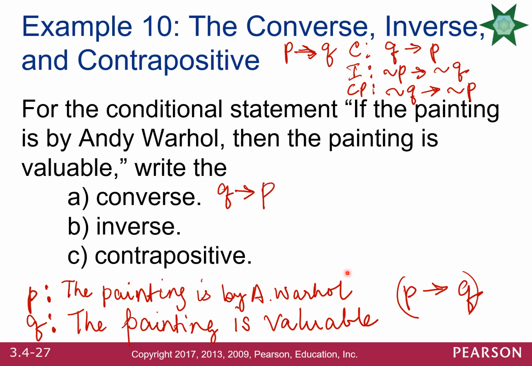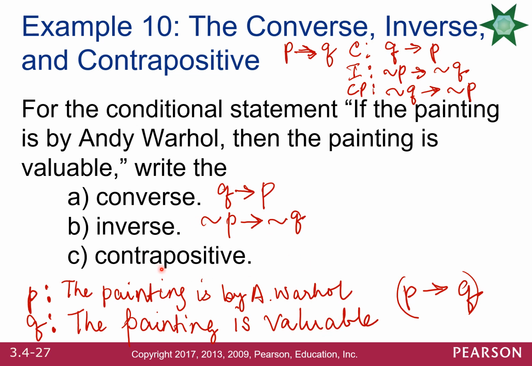All right. The inverse would be, if not P, then not Q, correct? So how would we rewrite it in words of the statement? So if not P, that means if the painting is not by Andy Warhol, then the painting is not valuable, right?